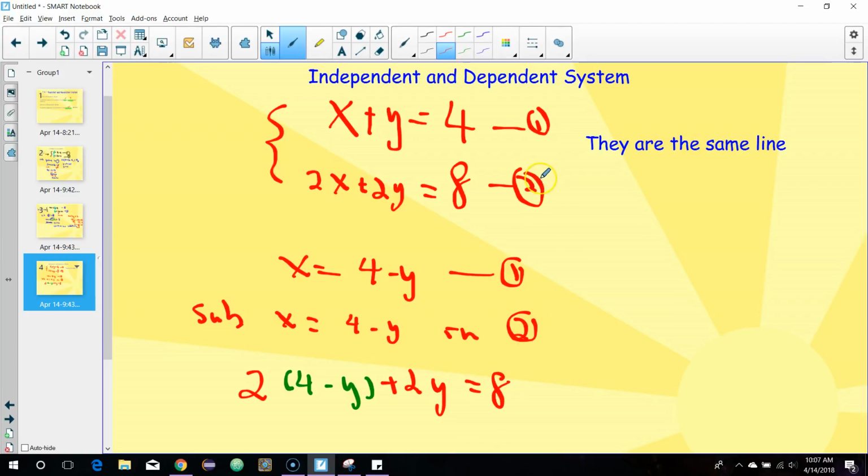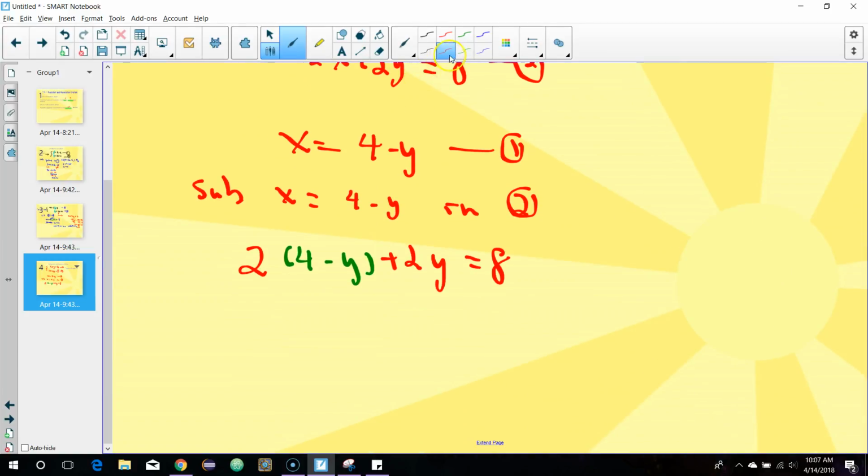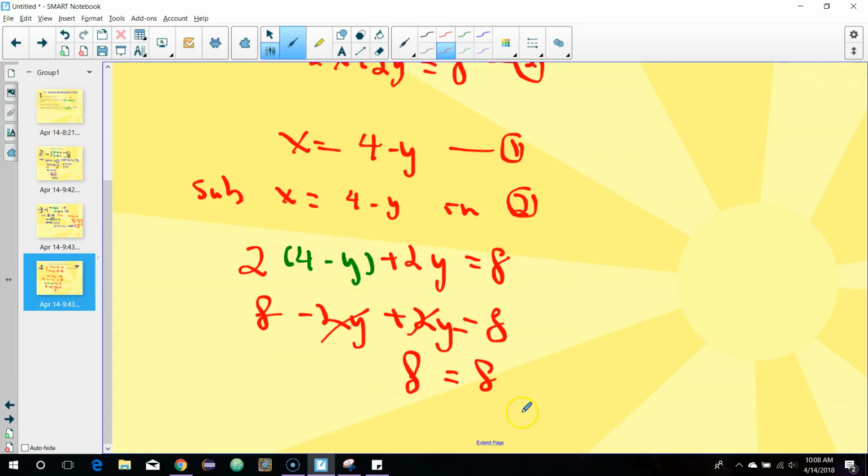Because I'm substituting into the second one, I'm copying everything, just changing this x to whatever x I have. So, distributing this, you'll get 8 minus 2y plus 2y is equal to 8. Pay attention to this. Negative 2y plus 2y disappears. So you're left with a statement that says 8 is equal to 8.